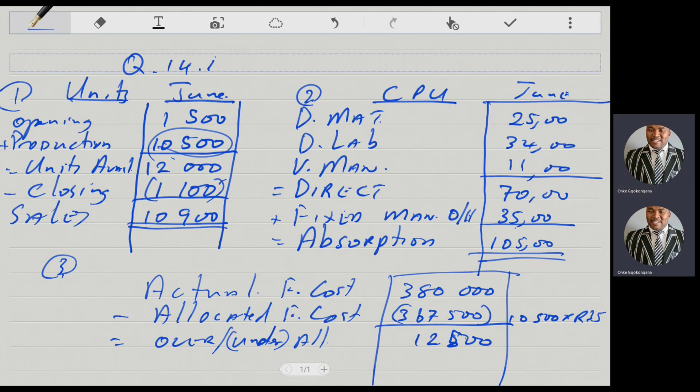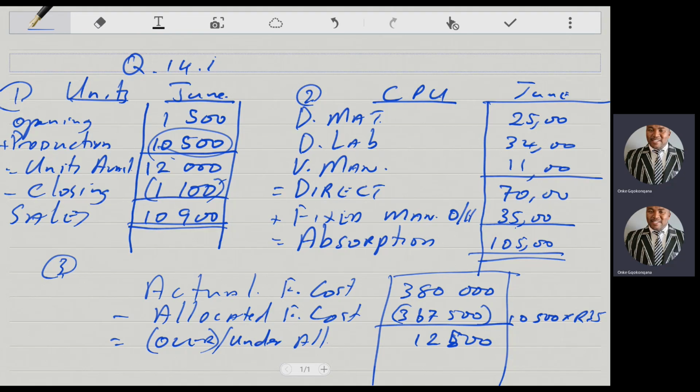Do you agree with me? Because what they say here, we're supposed to allocate. And there's a mistake here. I know that over is supposed to be the one in brackets. That will help us.